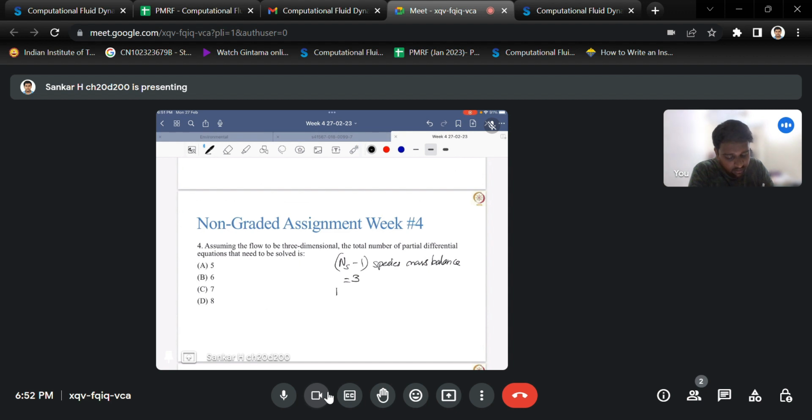We'll have one mixture mass balance, it's equal to 1.